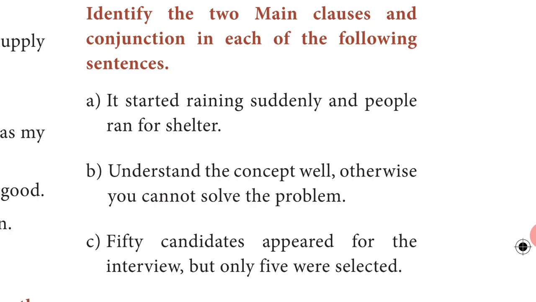It started raining suddenly. That is one main clause. The next main clause, people ran for shelter. You are absolutely correct. So two main clauses are connected by a conjunction. What is the conjunction? And. So what you can do is underline the two main clauses and circle the conjunction.